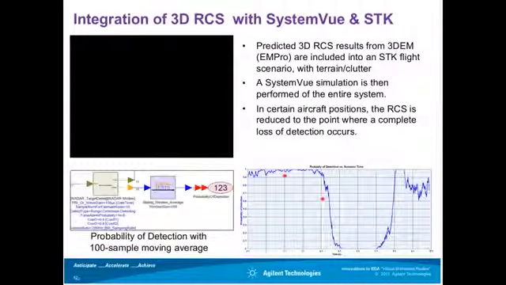And we can see as it moves through time here, at a certain aspect ratio, we lose detection over this certain area. So if you're trying to avoid being detected, this would be a good way to do it. But if you're trying to detect something, where might you lose that lock on the system?